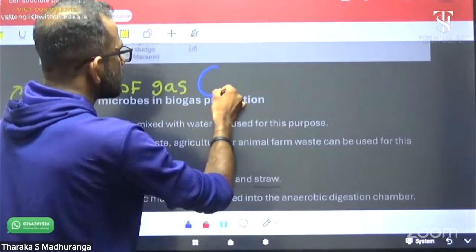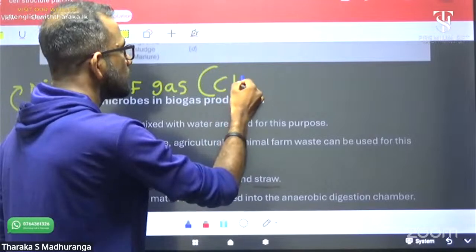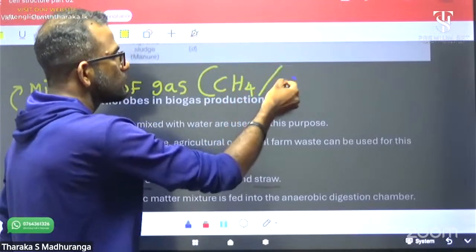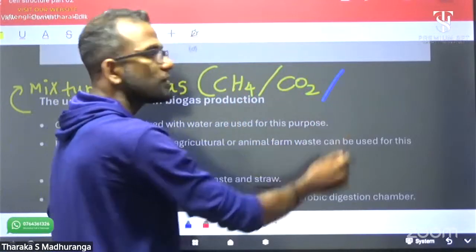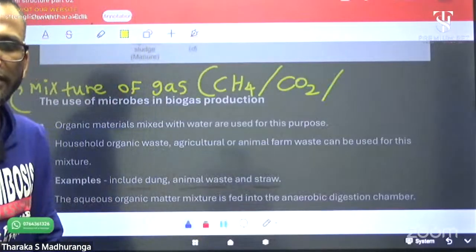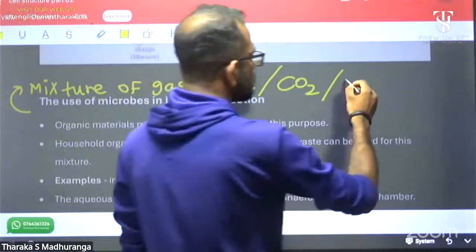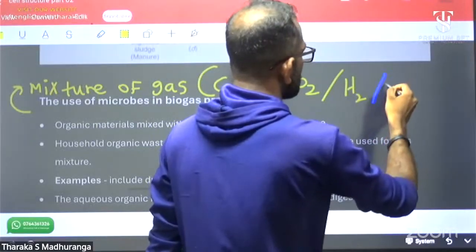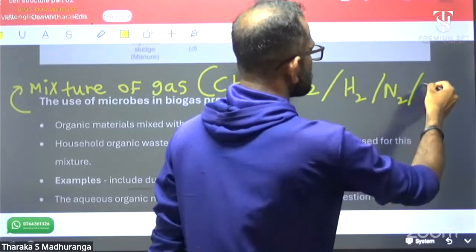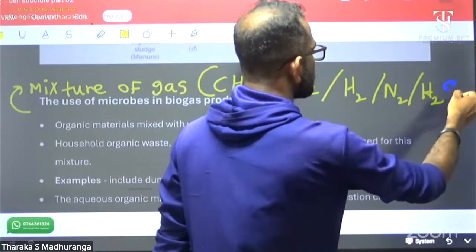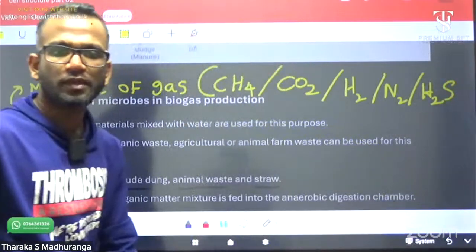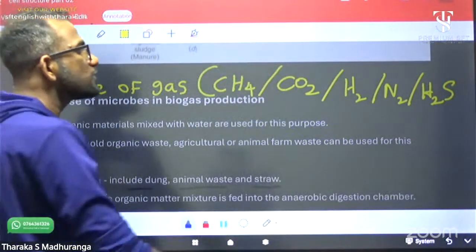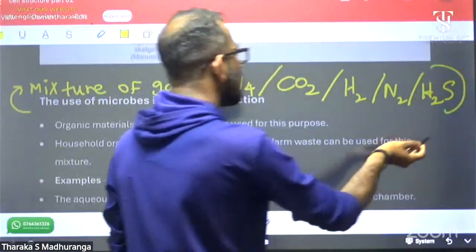The main gas is CH4, which means methane. The second is carbon dioxide. The next are hydrogen, nitrogen and hydrogen sulfide, H2S, not sulfur dioxide, sorry. Hydrogen sulfide. Okay, that is biogas, a mixture of gases.